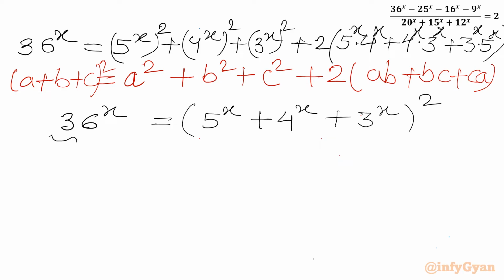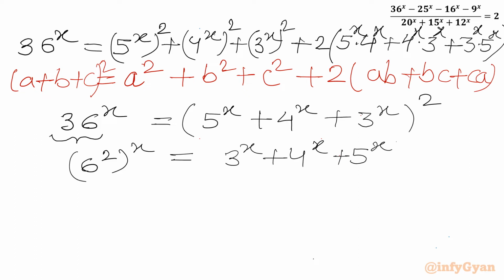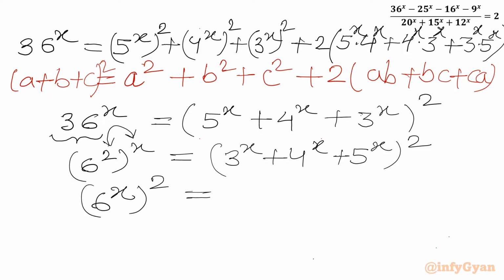Now I can consider 36 also as 6 power 2 equal to 3 power x plus 4 power x plus 5 power x whole square. Again using same exponent property, I can write here 6 power x whole square equal to 3 power x plus 4 power x plus 5 power x whole square.